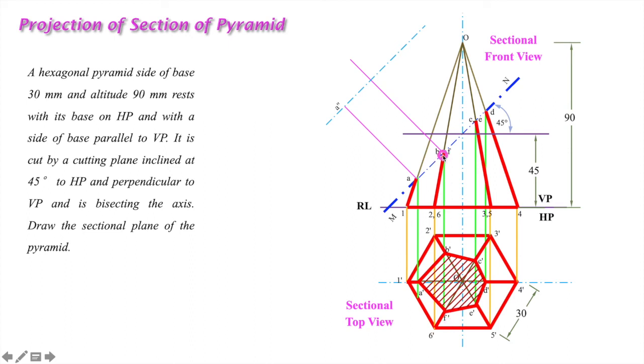In the front view it is a point, but in the top view it is a line, and actually BF is a line. Then what is the length of the BF line? This is the length. Take this length and cut it from here and here. Then it is B and it is F.